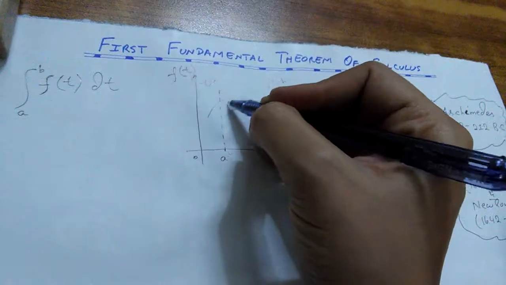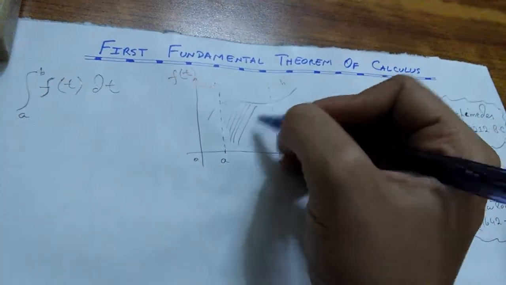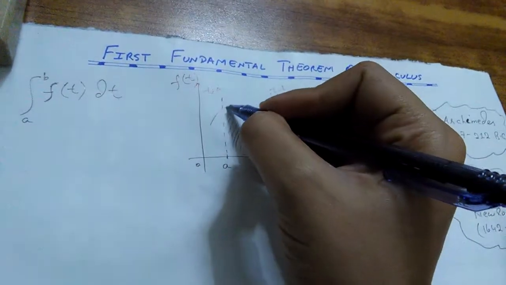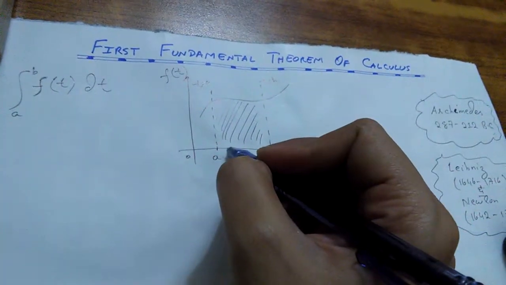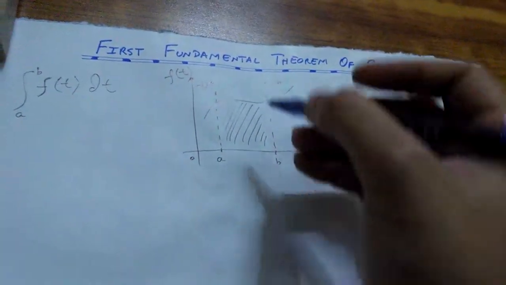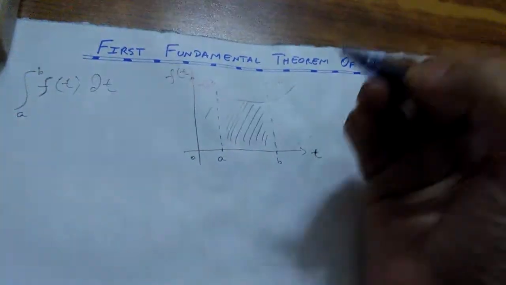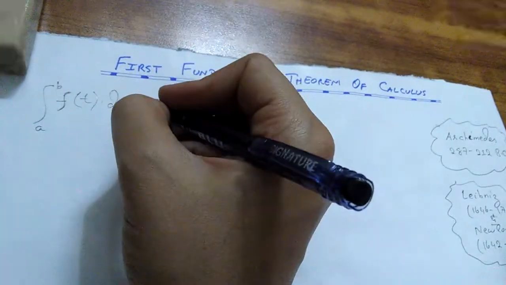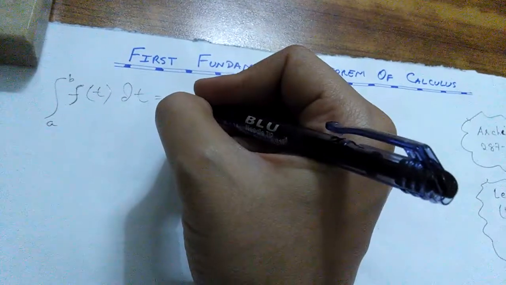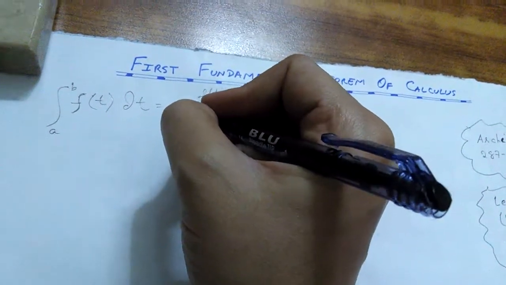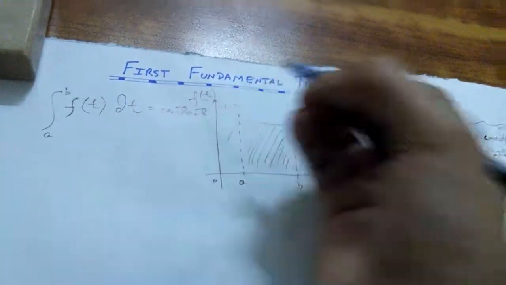The area which is bounded by this curve, the t-axis, and the lines t equals a and t equals b, you are going to get exactly in number form. You're going to have some constant answer.